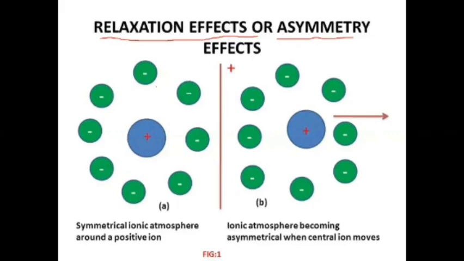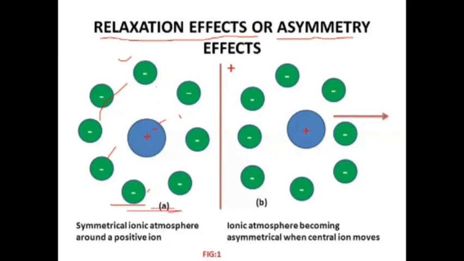For example, see this diagram: a positively charged ion is surrounded by several negatively charged ions, three-dimensionally. So these ionic spheres are symmetrical. This is a symmetrical ionic atmosphere.